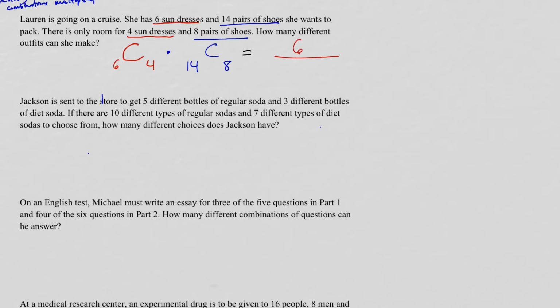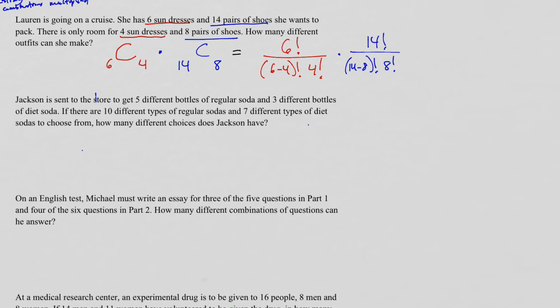So we got to do 6 factorial and then 6 minus 4 factorial. So we got to do all that. Then we got to do 14 factorial. Doesn't look like fun to do 2 at once.